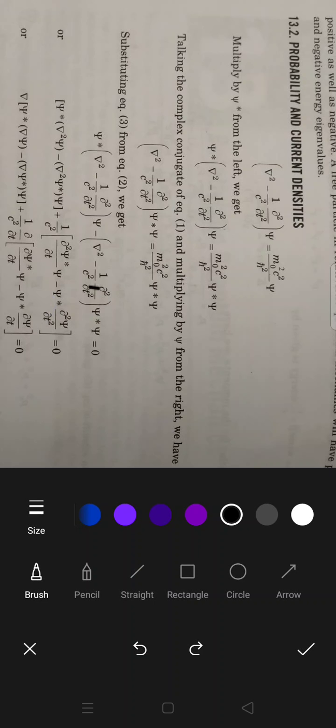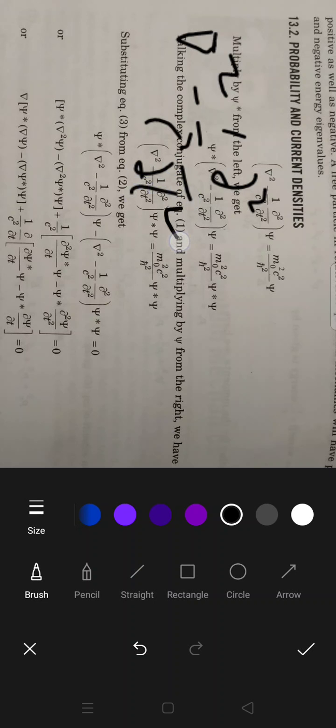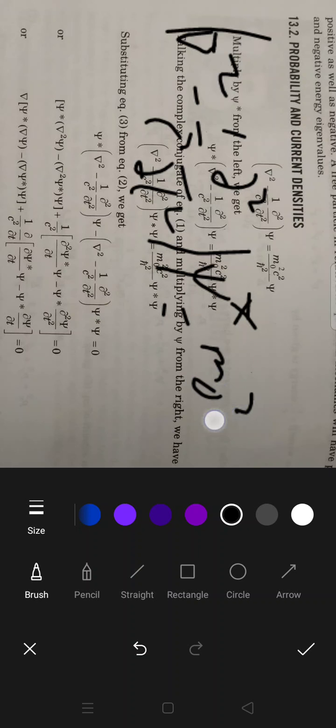Now what you do is take the complex conjugate, and it becomes del square minus 1 by c square dou square by dou t square of psi star, which is equal to m naught square c square divided by h cross square times psi star.